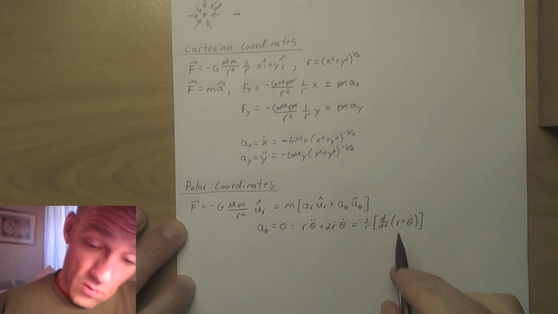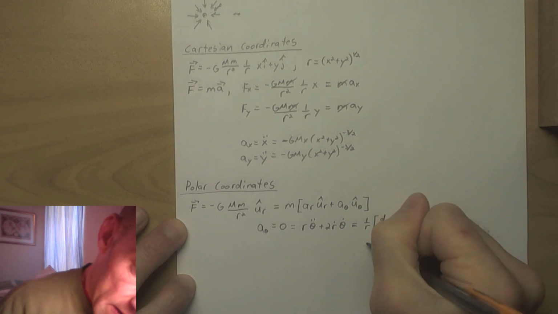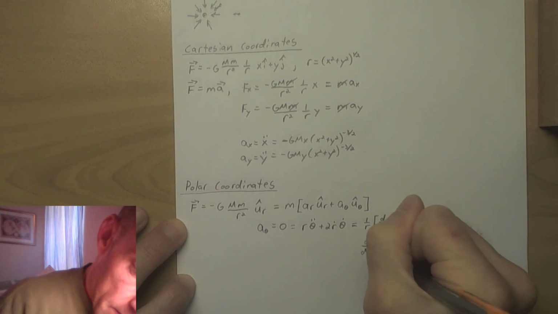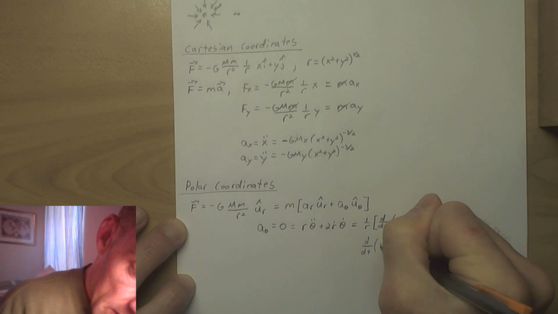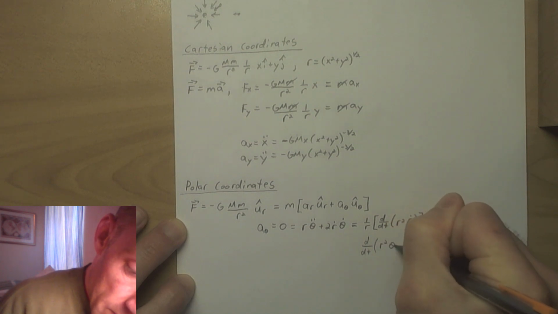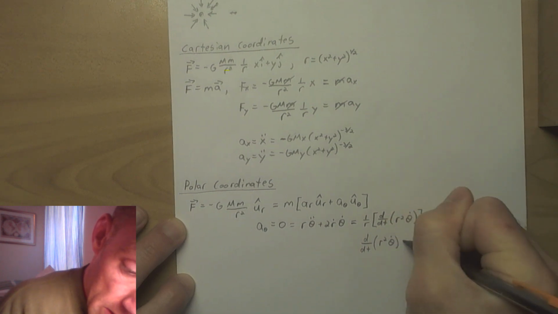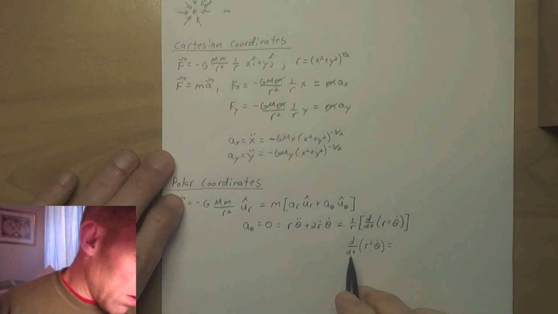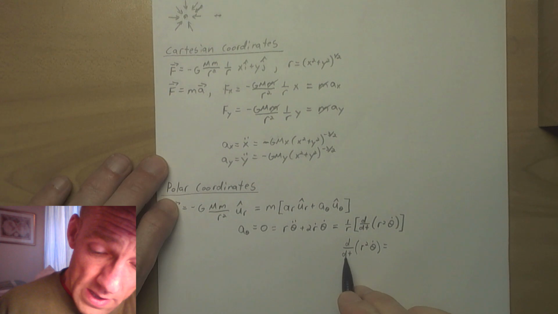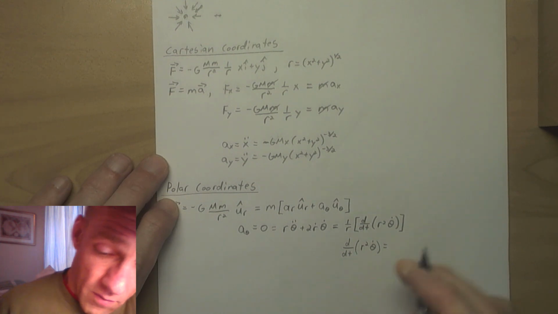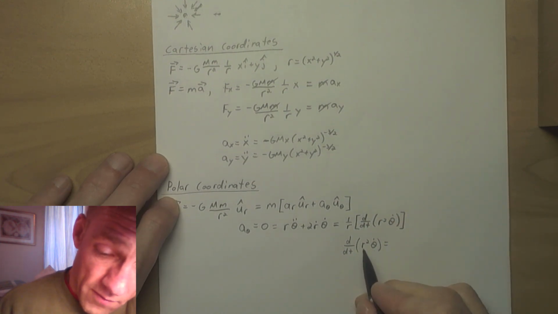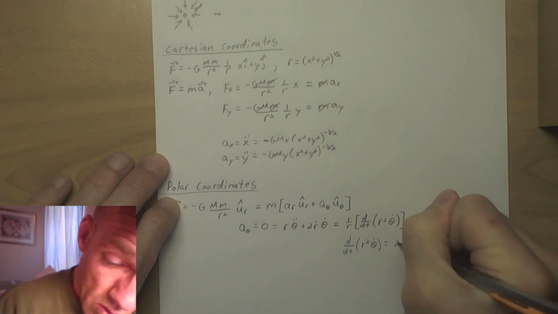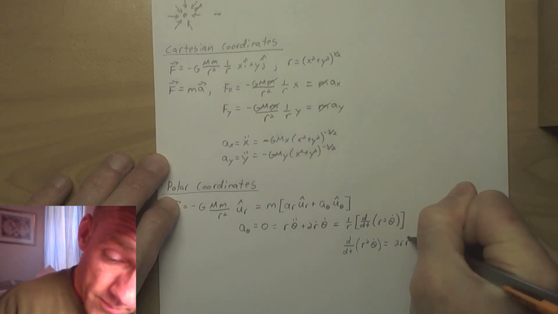Okay, and to illustrate that point, I use the product rule here, right? So d/dt of r squared theta dot, so derivative of the first, which would be 2r r dot.